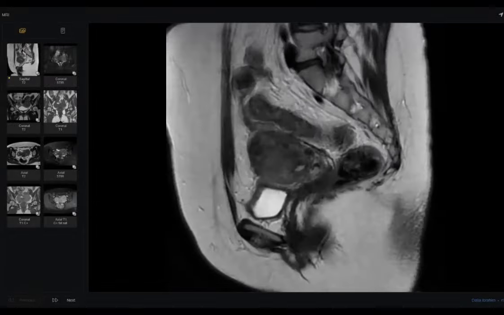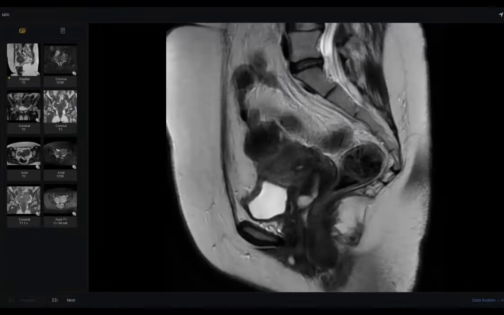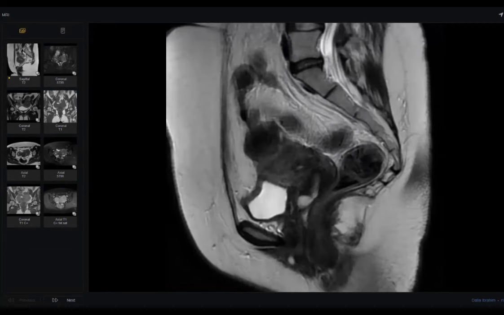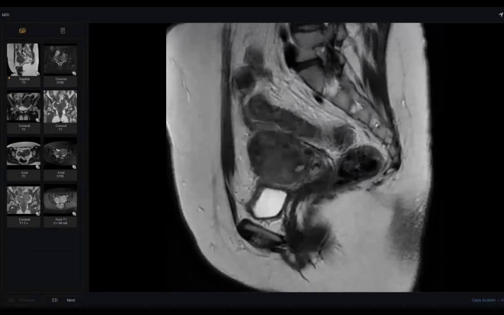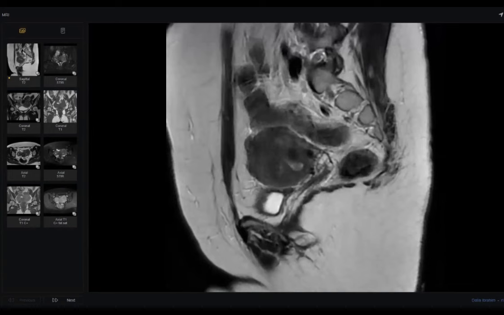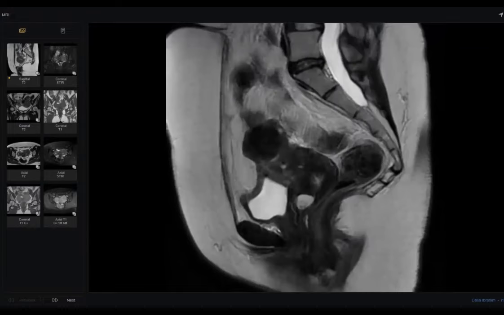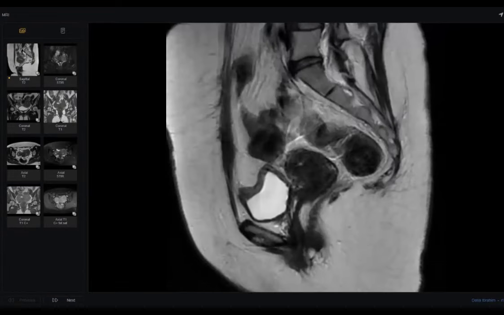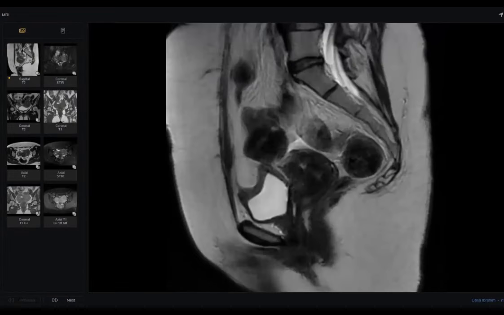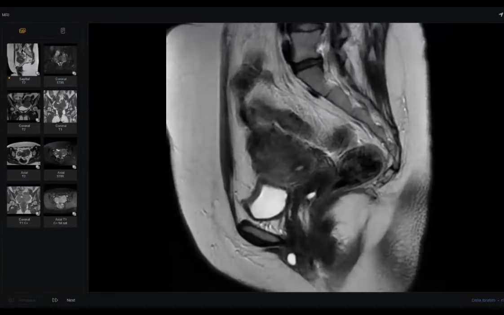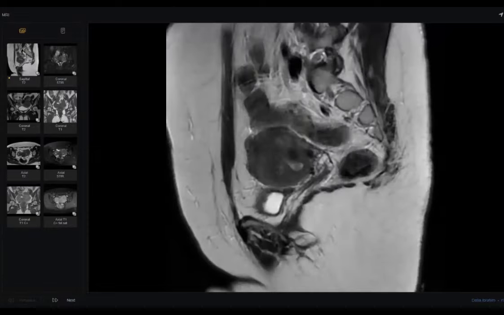I will have to examine the other sequences, like T1, to ensure that it is a totally hyperintense cyst. So basically, depending upon this sequence, I'm suspecting these are multiple. The endometrium sounds fine. There is no thickening of the transitional zone, I think.